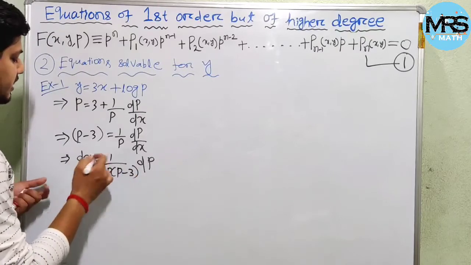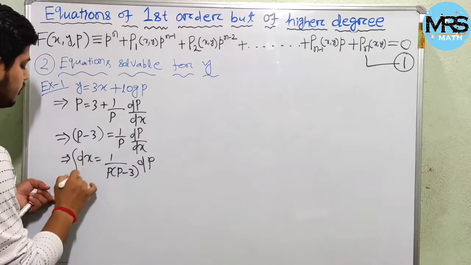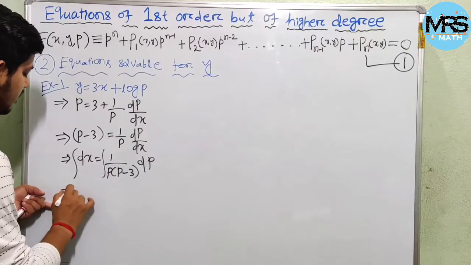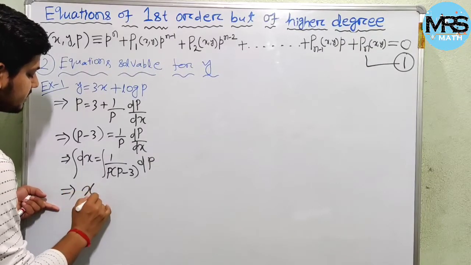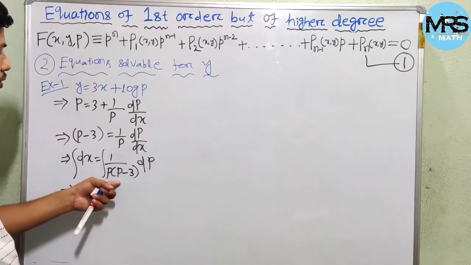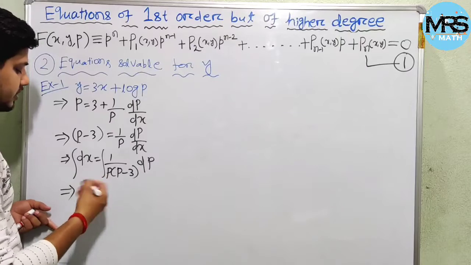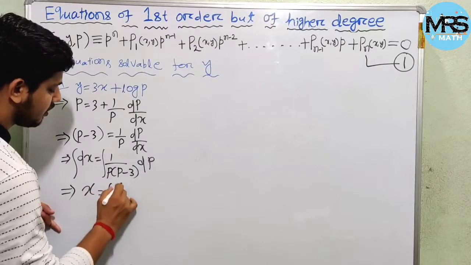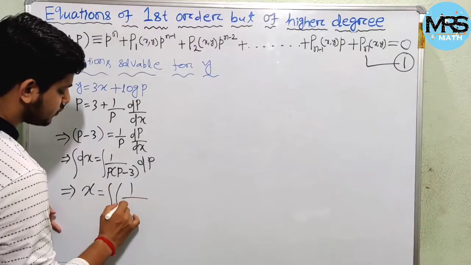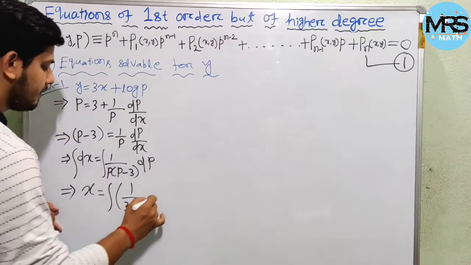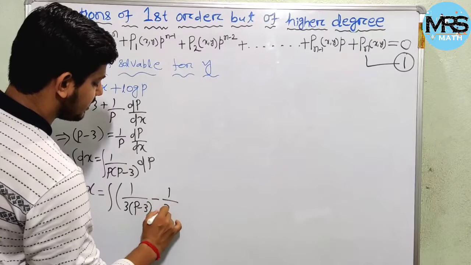Now we can get the solution by integrating both sides. This side will be x. On this side we apply partial fractions, which gives 1 by 3 into p minus 3, minus 1 by 3p.